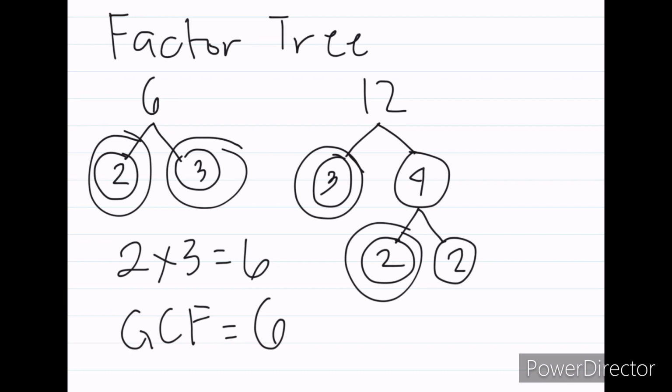Another example. Find the greatest common factor of 16 and 48. So we try this 16. The factors of 16, aside from 1 and itself, are 8 times 2.